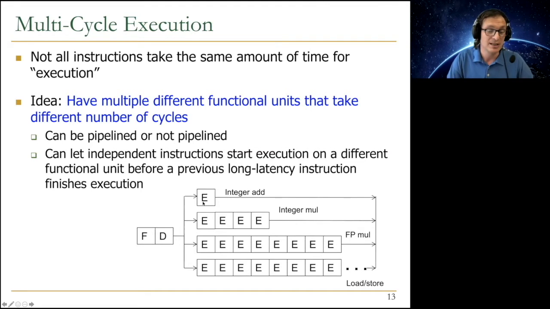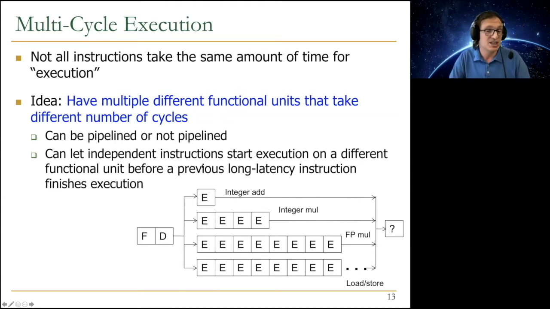For example, if we have an FP multiply, let's say, we basically enable other instructions to go to different functional units potentially, right? As opposed to waiting for the previous instruction. And this way, independent instructions can execute concurrently in these different functional units.